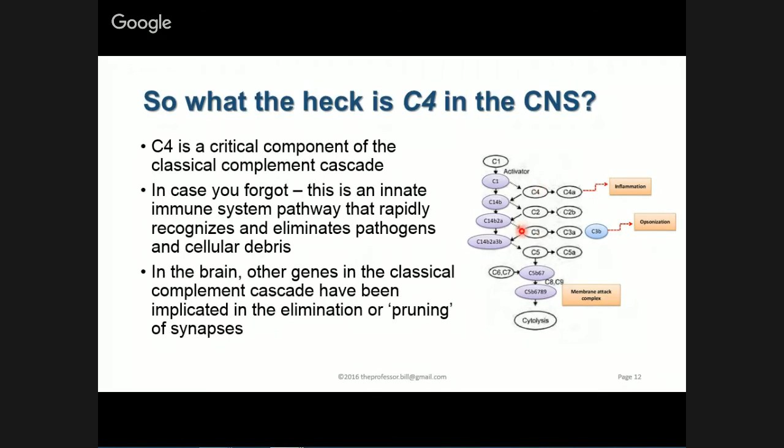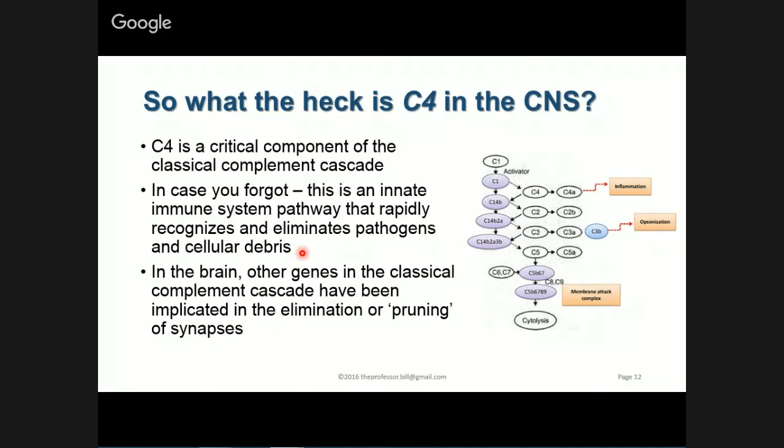I don't want you to memorize this entire cascade. In the immune system, C4 activation and C4a activation lead to things like inflammation, but we're not going to try to memorize this pathway. It's just there in case you've forgotten that we have a whole host of blood-borne, serum-borne, tissue-specific forms of innate immunity that recognize and help eliminate any pathogens they encounter. It helps to opsonize or remove pathogens that shouldn't be there.